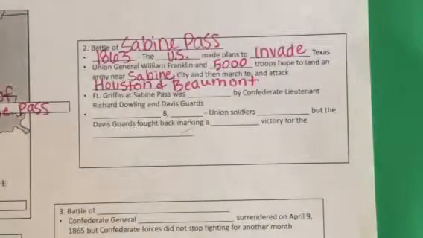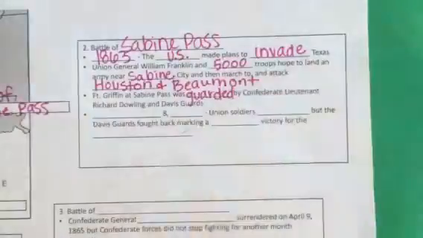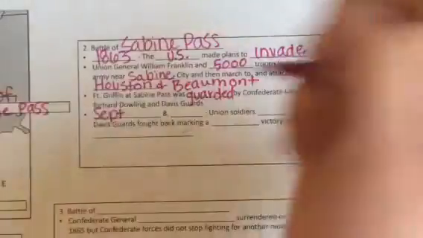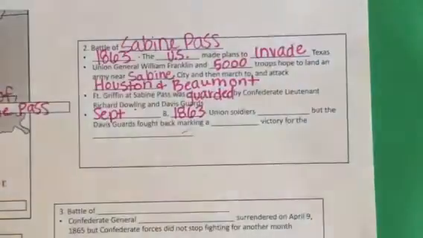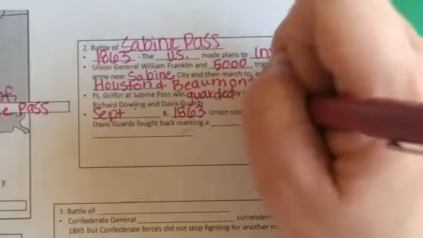Fort Griffin at Sabine Pass was guarded by Confederate Lieutenant Richard Downing and the Davis Guards. And then in September 8th, 1863, the Union soldiers attack.